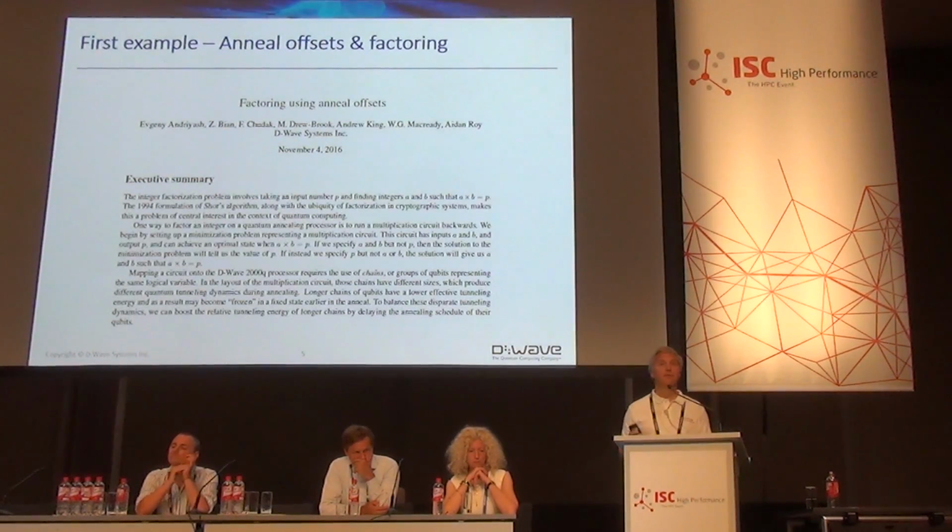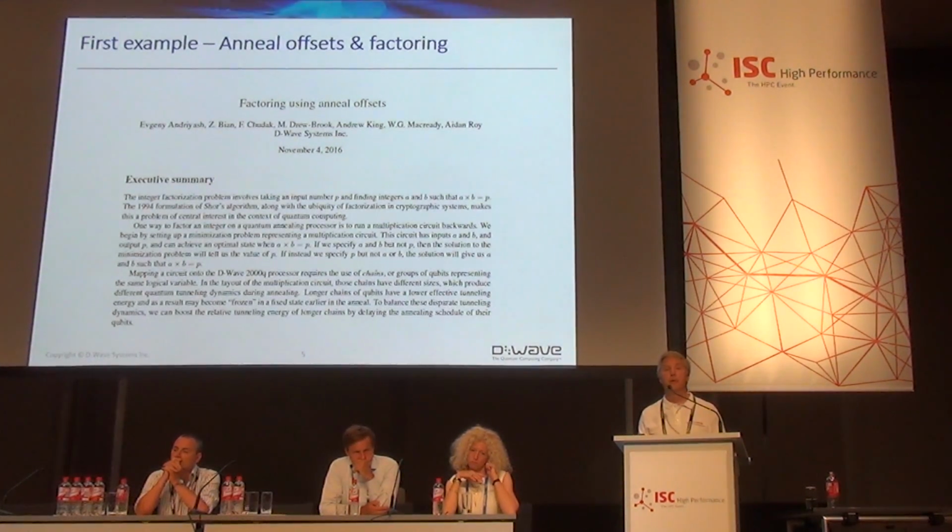So to talk about first the annealing offsets, I'm trying to move a little bit closer to something pragmatic here. This is a sample problem which is factoring, integer factoring. If you have familiarity with quantum computing, you know that one of the big drivers of interest in the field from the early 90s was Peter Shor's algorithm for factoring integers on a circuit model or gate model quantum computer.